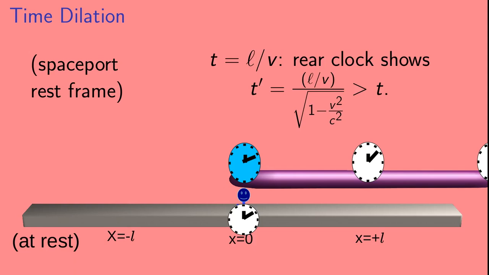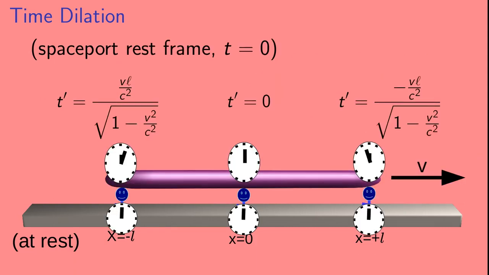We saw before that at t equals L over v, the rear clock is located at x equals 0 and shows a time t prime of L over v divided by the square root of 1 minus v squared over c squared. Let's see how we can get the time on the middle clock using this previous result.